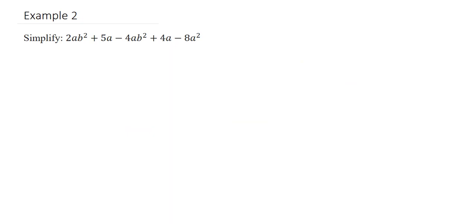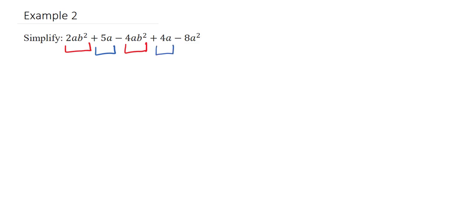We have 2ab squared plus 5a minus 4ab squared plus 4a minus 8a squared. So let's see which ones are similar. We're only looking at the variables to see which ones are the same. We have this ab squared, and then we have another ab squared here. Then we have a 5a and a 4a.